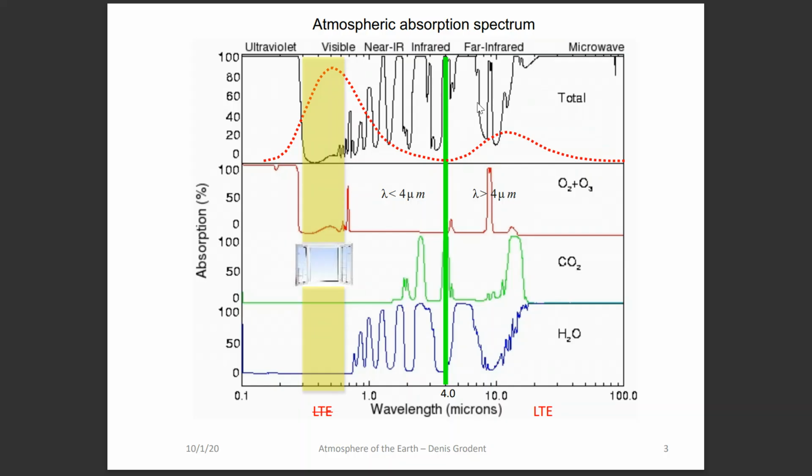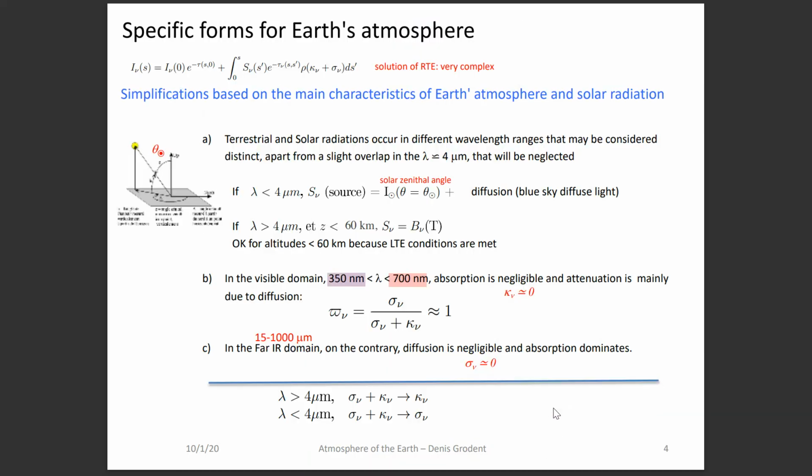In the infrared, where the Earth emits, we have a lot of absorption, mainly due to those greenhouse gases. Remember that the local thermodynamic equilibrium is applicable here on the part of the emission range of the Earth.